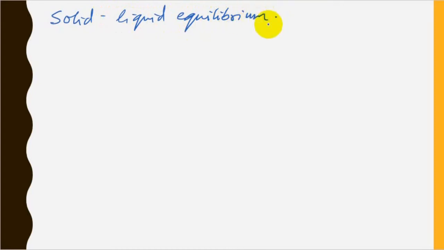Solid liquid equilibrium. Here, when I talk about this, the most common example when a solid is converted into a liquid that I can give you is ice converted into water. So when ice is converted into water, we don't see any chemical change. Ice is H2O only, and water is also H2O. So chemically they are the same. So this is a physical equilibrium.